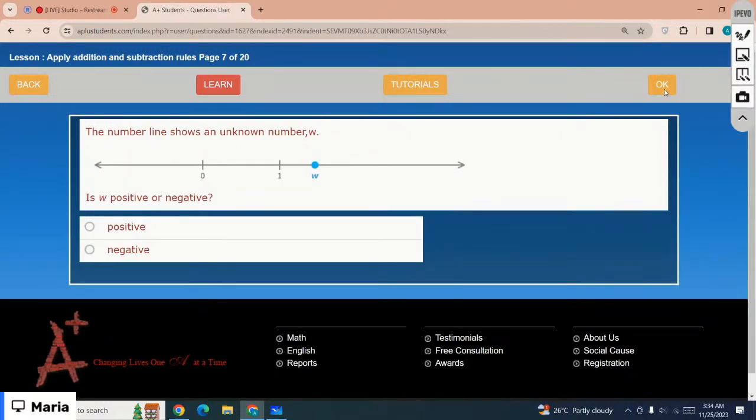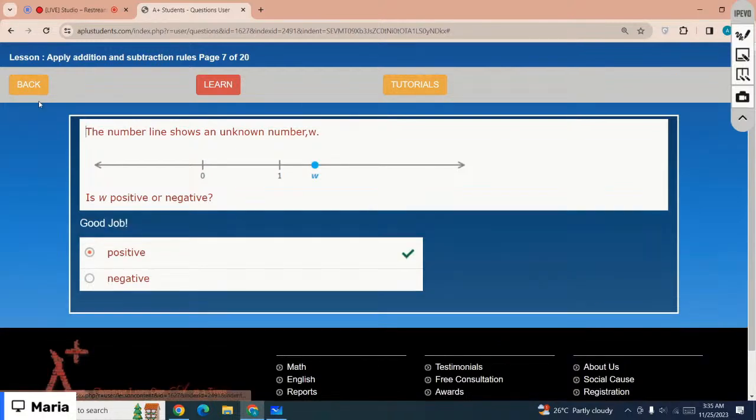Is w positive or negative? Yes, it is positive, right?